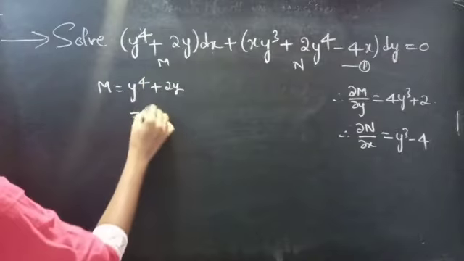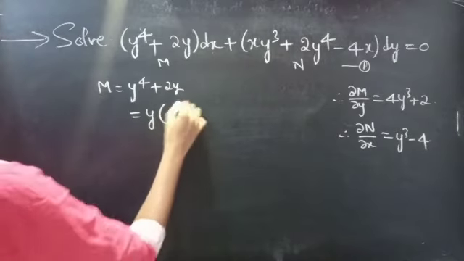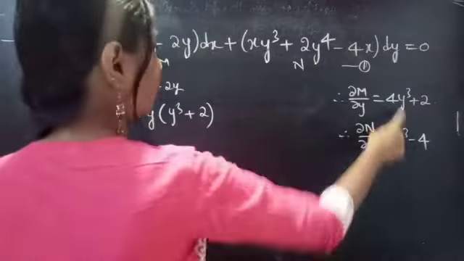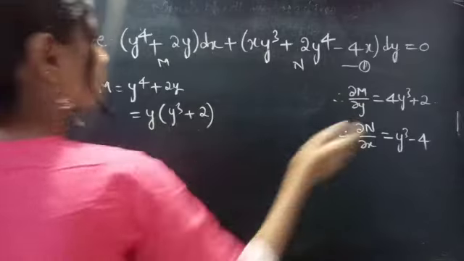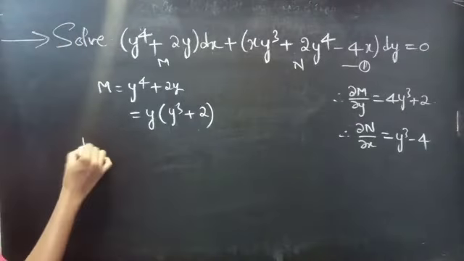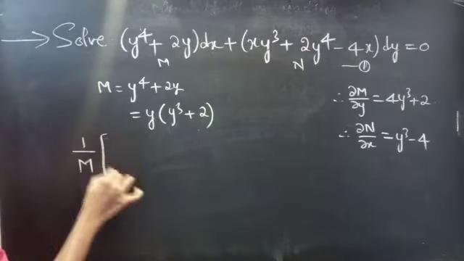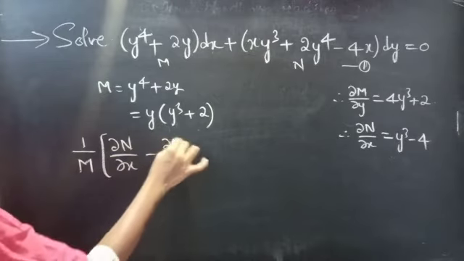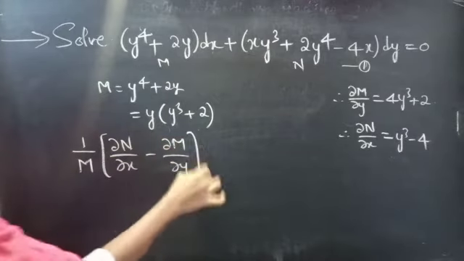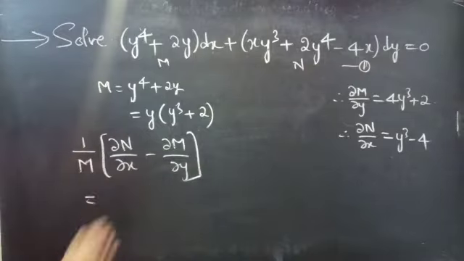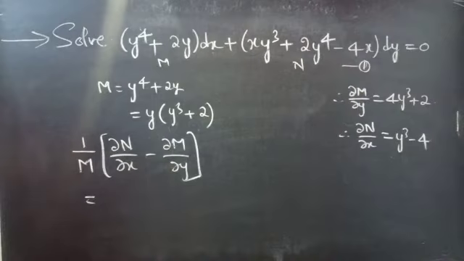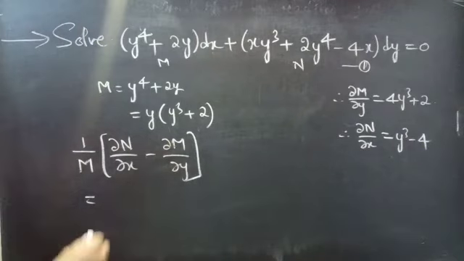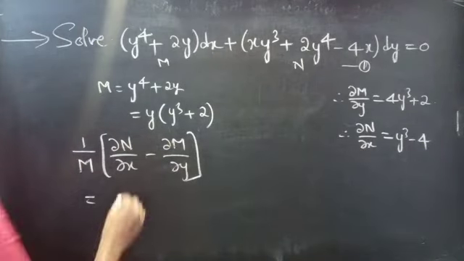You can take y common from these two terms: y times (y^3 + 2). So you can notice y^3 appearing in all these three. So we can try 1/M times (partial derivative of N with respect to x minus partial derivative of M with respect to y), so that y^3 may get cancelled. Okay, let's see.